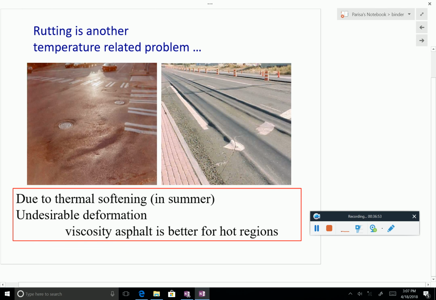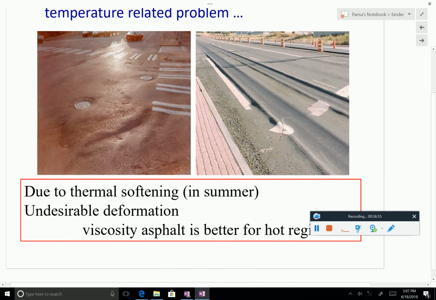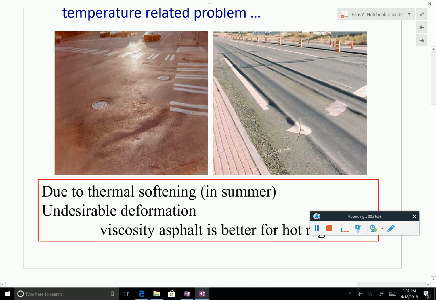How about rutting? How can we choose a good material to minimize rutting? Low viscosity or high viscosity? High. And you want to make sure that this material doesn't lose viscosity with temperature a lot. So it should be high viscosity, and the viscosity should not change, or decrease, as the temperature increases.